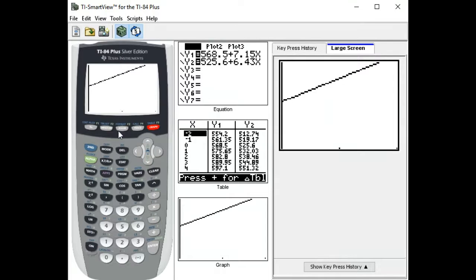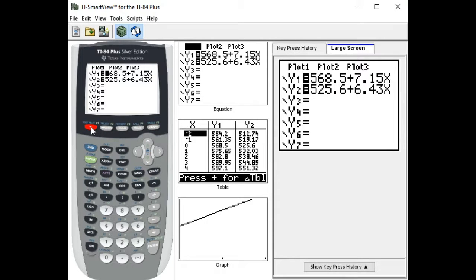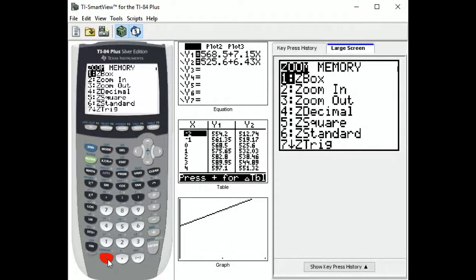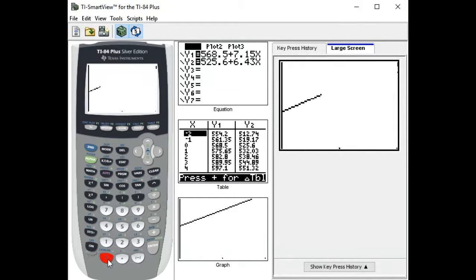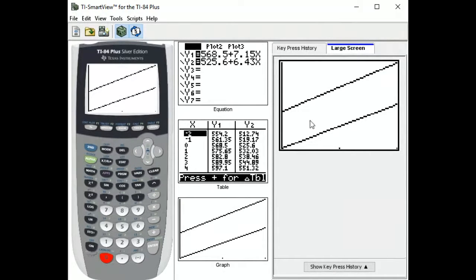Not sure where I lost it. Let me see, zoom. What if I zoom 0? What's happening? Why does it hate me? There we go. Okay, so this is actually the window we're looking at.